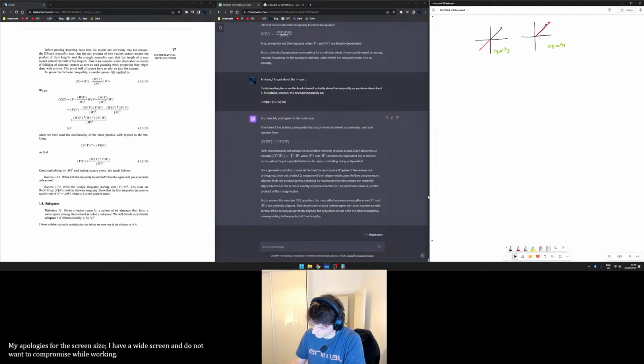Now, however, when they are not aligned, parallel or anti-parallel, let's say, for example, they are orthogonal to each other, then they are unequal.